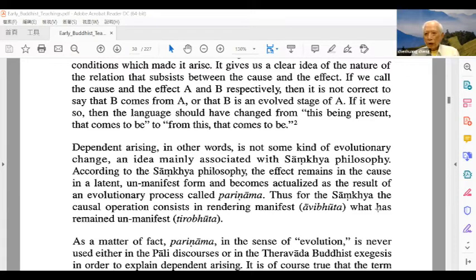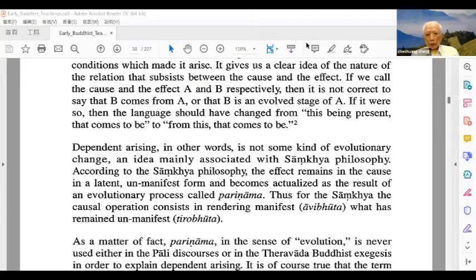The effect is actually already existing in the cause, but the effect remains unmanifest. It is only a latent form, only a potential. Something else will make the effect manifest, to appear. This is the idea of the Samkhya philosophy.